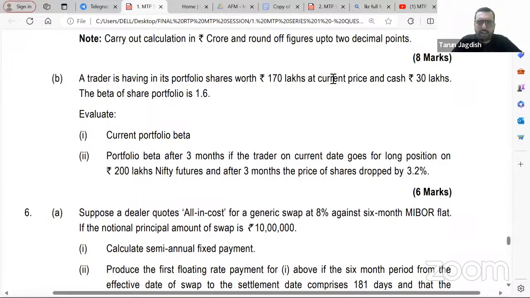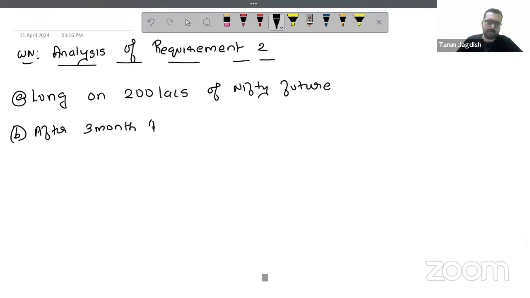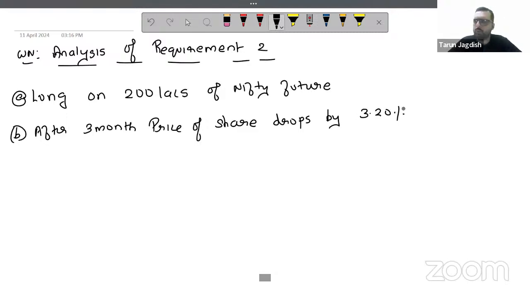And after 3 months, the price of the share drops by how much percentage? It drops by 3.20%. Friends, this answer is a little tricky in the way your textbooks have done it. Let us discuss and do this together now.